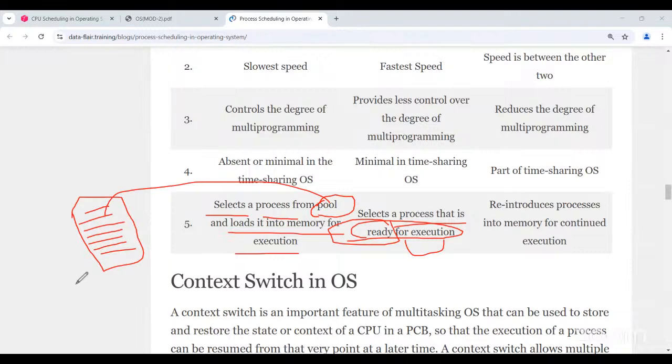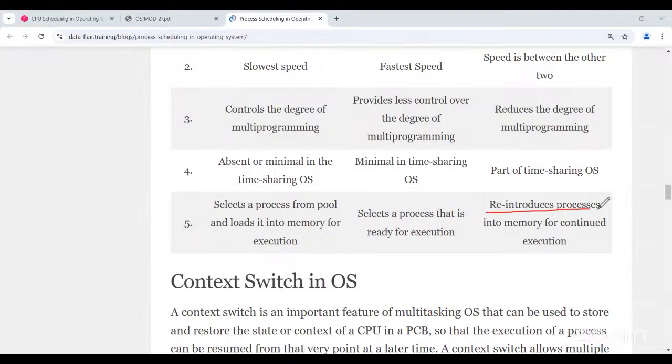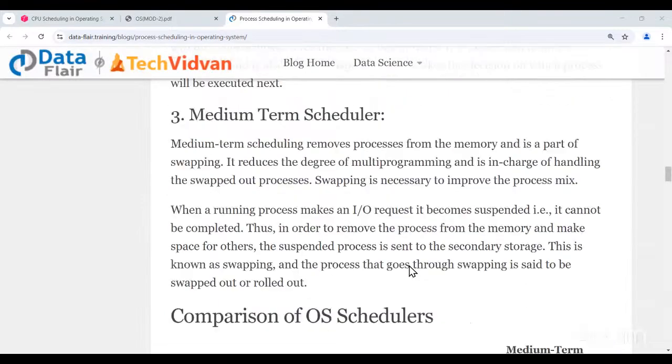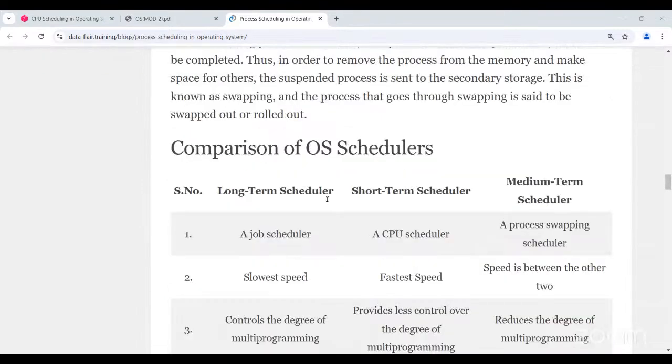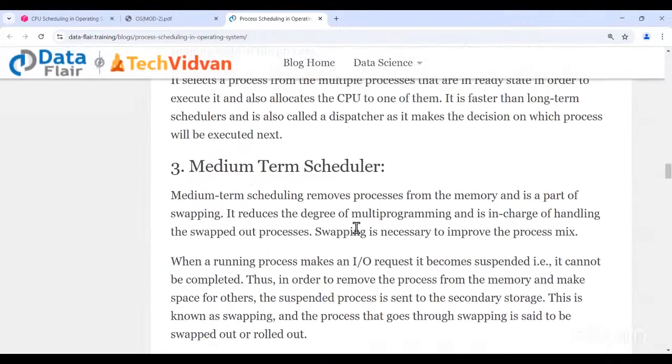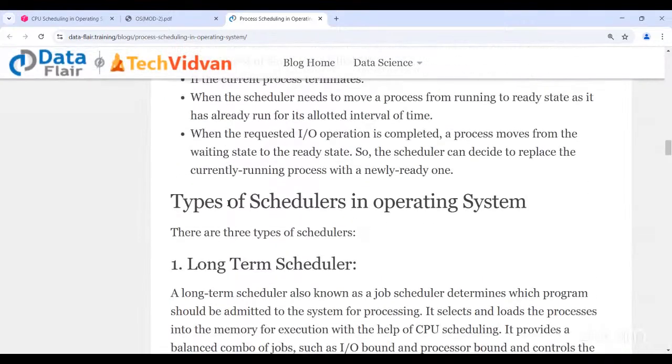Next one is medium-term scheduler, and it will reintroduce processes into memory for continued execution. These are the differences or comparison between long-term scheduler, short-term scheduler, and medium-term scheduler. And these are three levels of scheduling in the operating system.